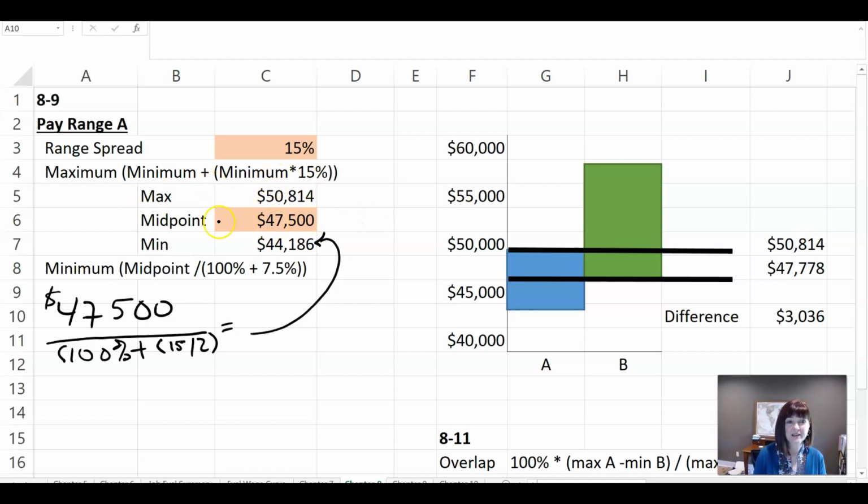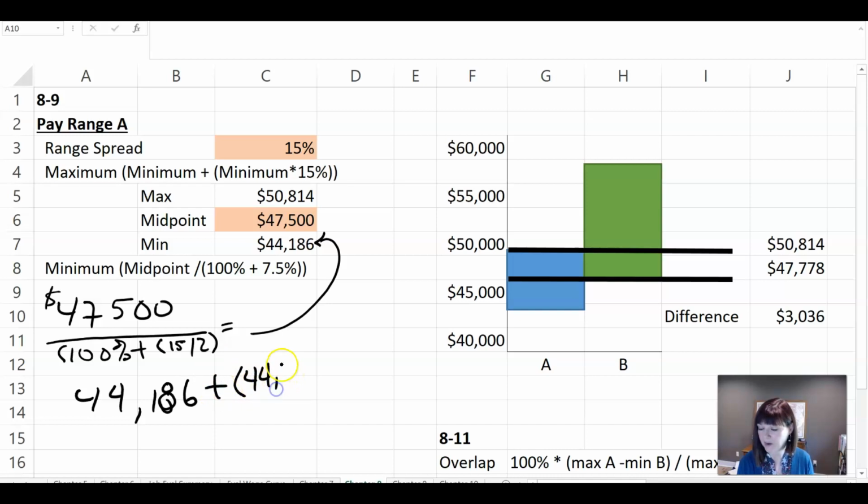Then it asks us to calculate the maximum. Again, if you look at figure 8-4, it tells you that the maximum is equal to the minimum plus the spread. We've calculated our minimum, so now it's that 44,186 plus that minimum, 44,186, times the 15%.